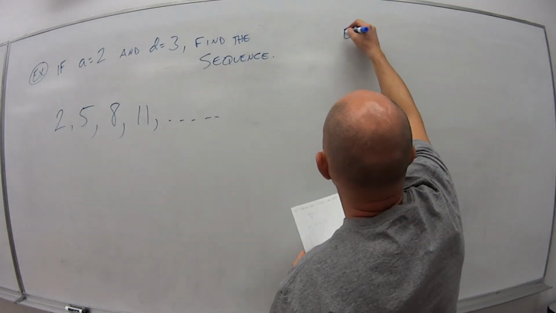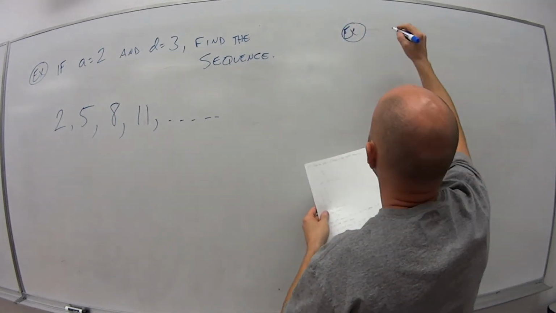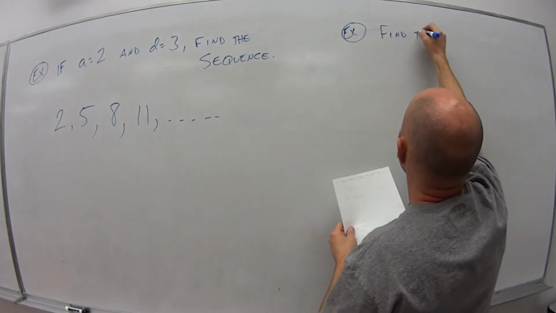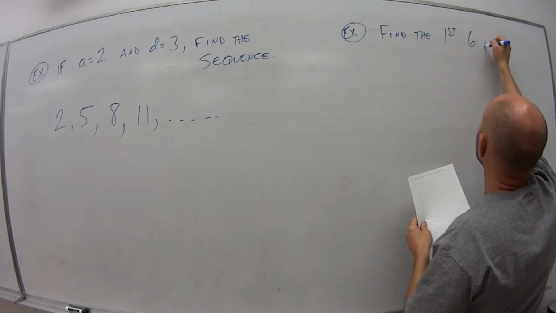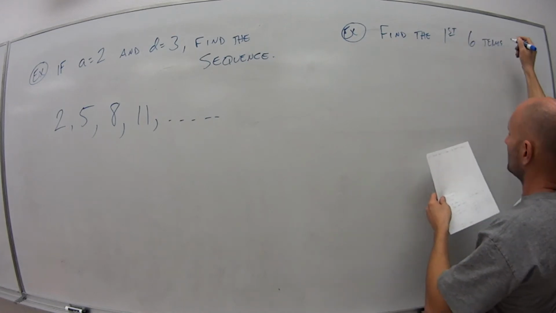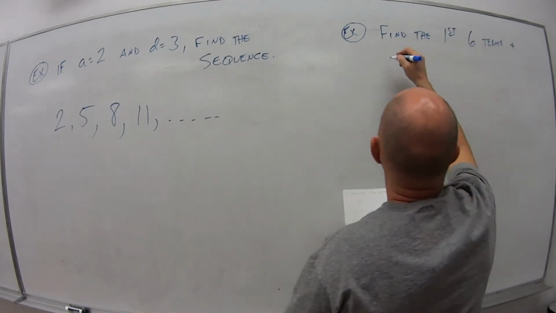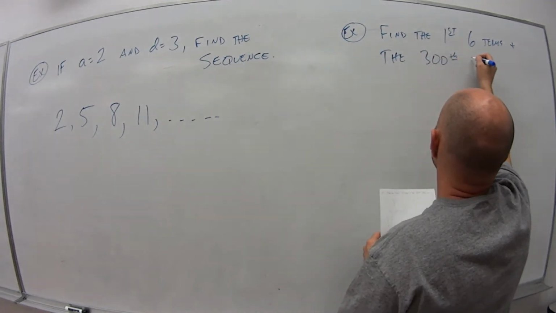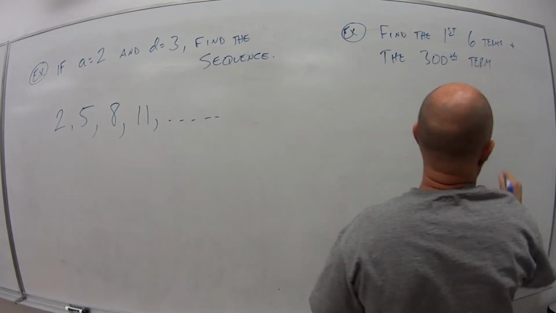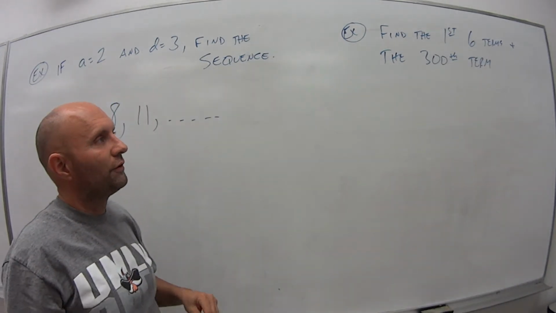So let's look at this example. Find the first 6 terms and the 300th term. So this is why that formula is so important.